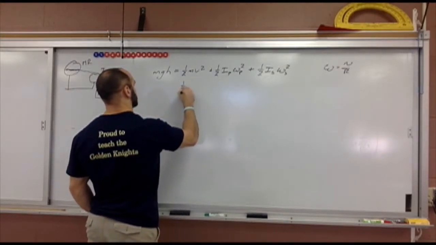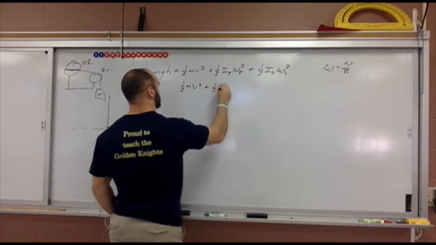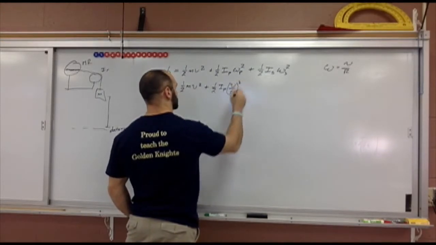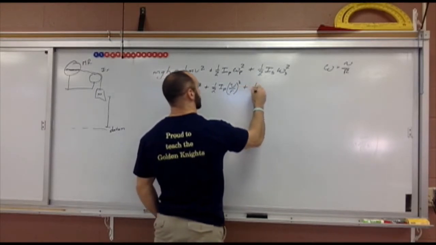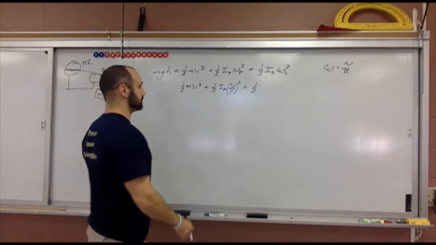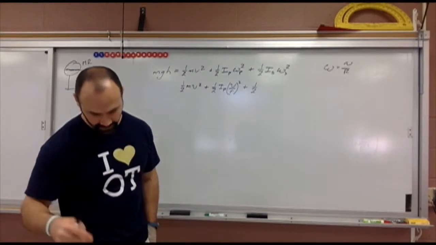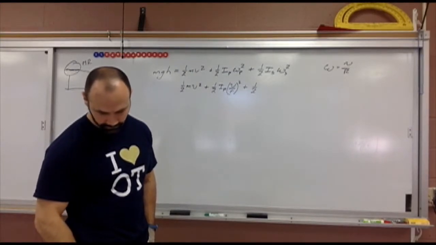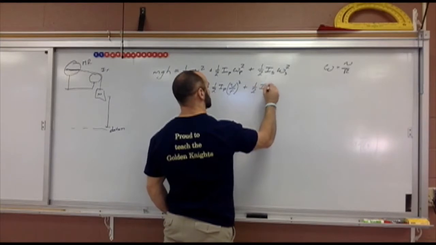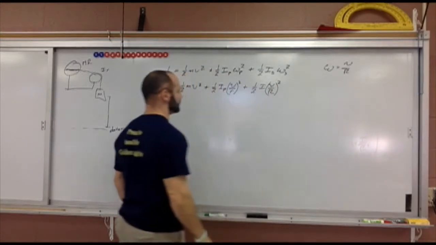So this is 1/2 mv squared plus 1/2 I of the pulley times v over little r, because that's the pulley, squared, plus 1/2 I of the sphere, the moment of inertia of the sphere, is, and it's a solid sphere. Oh no, it's a spherical shell. So we'll leave it for now. And then this is v over big R squared. See how far we can get with that.